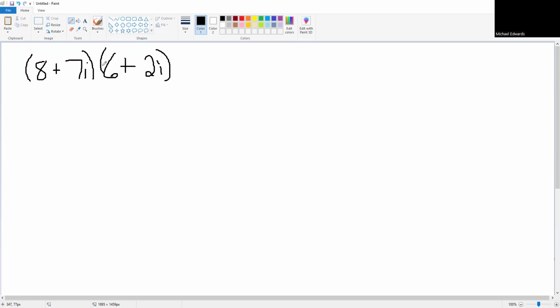And we have two complex numbers. Now, the parentheses mean a lot, and if this looks like what you're thinking it looks like, it is. We just use the FOIL method to solve this. So the FOIL method, we do 8 times 6.